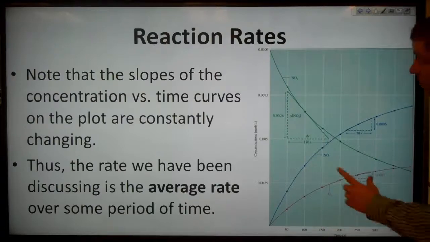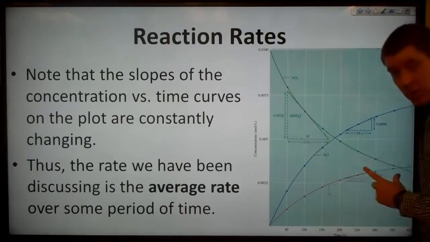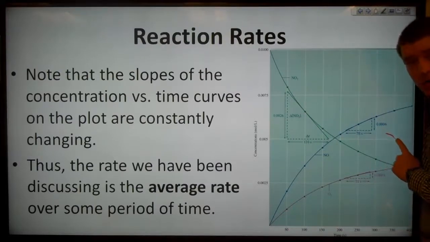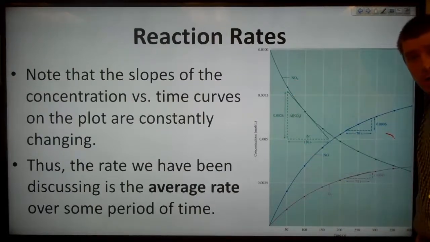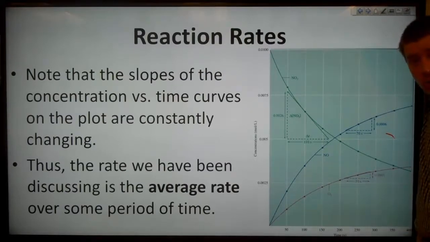Also note that the decrease in NO2 concentration is matched by an increase in NO concentration in a 1-to-1 ratio, because for every NO2 that decomposes, we get 1 NO molecule formed.